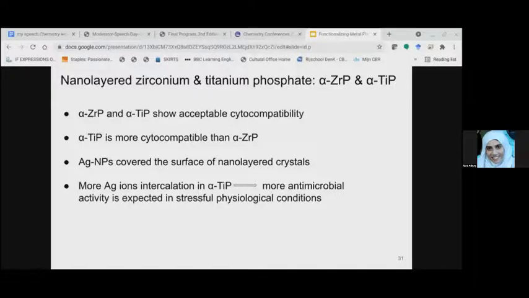So it will be actually more effective as an antimicrobial agent compared to the less intercalated silver ions in the alpha zirconium phosphate. There are actually a lot of investigations with this alpha phase of zirconium phosphate in bio-nanotechnology, but none actually was recorded for alpha titanium phosphate, and now we can see that it is even better.